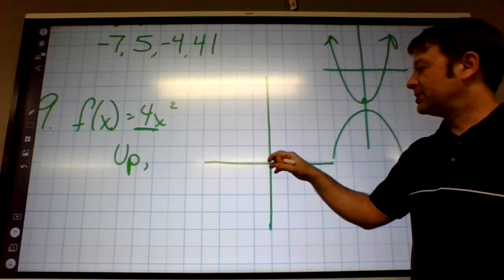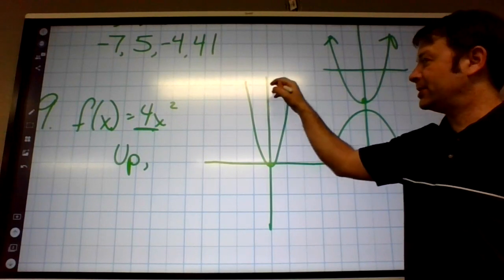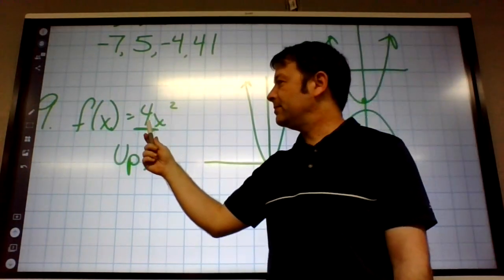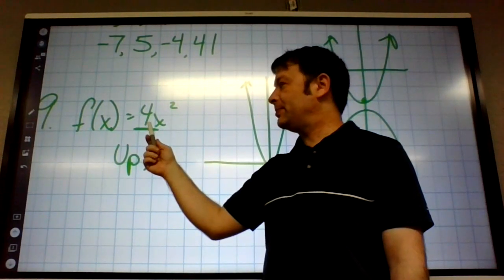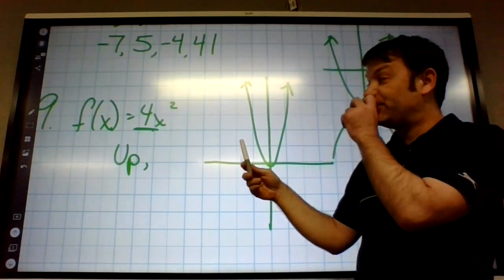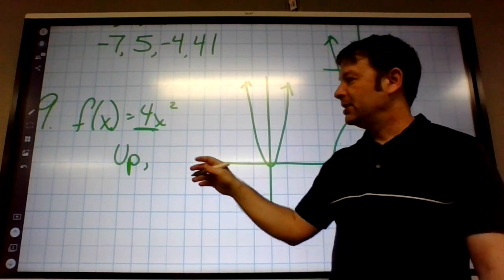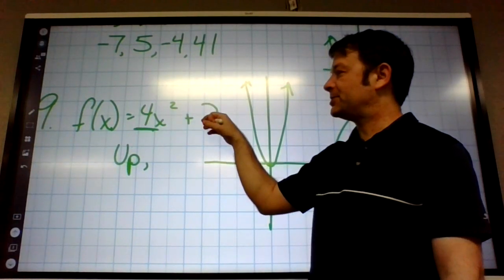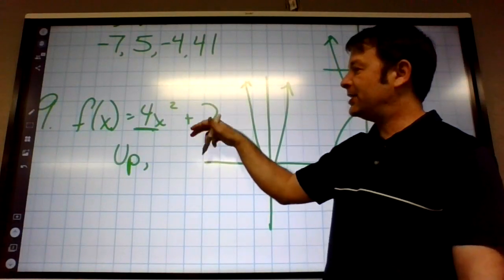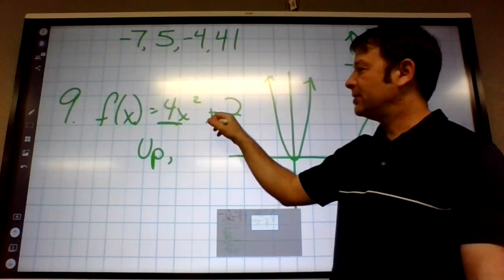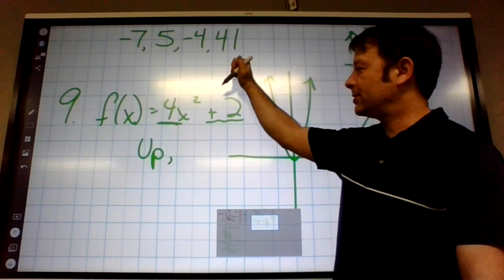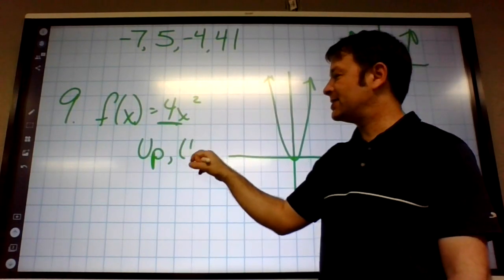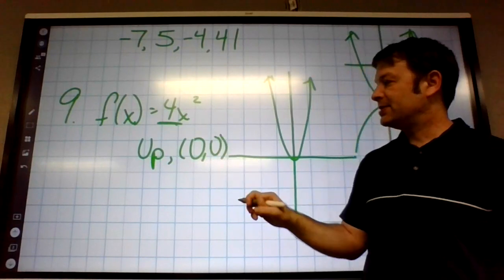So, in other words, it would just be like really skinny, go up really fast. So, does the vertex move? No. The 4 makes it steeper, but what moves the vertex is if you do a +2 or -3 out here. This would move it up or down, but this just makes it steeper. So, the vertex is still at 0, 0.